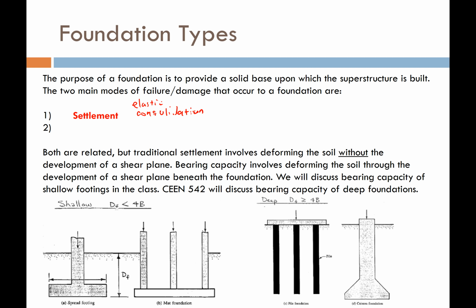And we can also have secondary consolidation settlement. The other method, though, is bearing capacity. And the difference between these two really is that settlement can be from a variety of different sources. Settlement can be from elastic behavior of the soil. It can come from void redistribution.